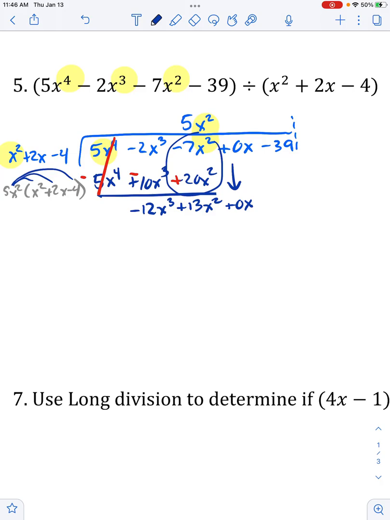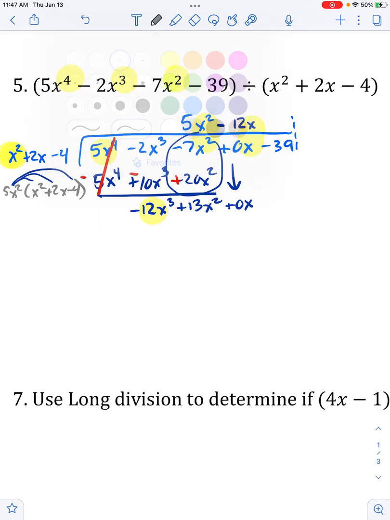So now I start over again. I go, okay, I need to do 12 in order to get, so let me show you what I'm thinking. In order to get my x squared to equal negative 12x cubed, I'm going to need to multiply it by a negative 12 and then another x, which makes sense because it is above the x's, so that should line up properly.